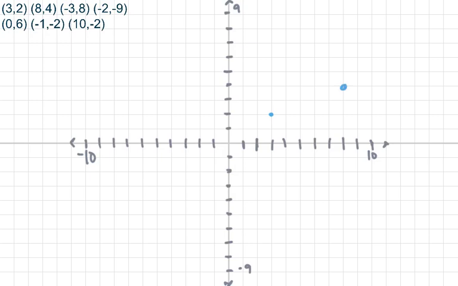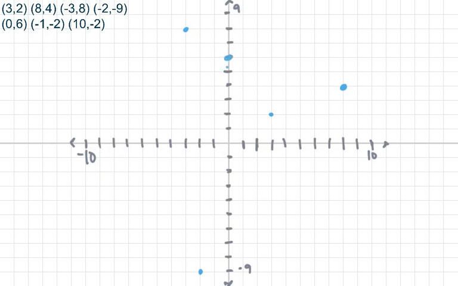Our next point is -3, 8. So we're going to go to the left to -3 and then up to 8. -2, -9, we're going to go over to the left 2 spaces and then go down to -9. 0, 6. 0, we're going to stay in that middle origin spot on the x-axis, and then we're going to go up to 6.